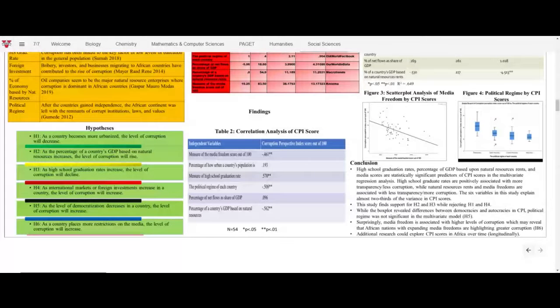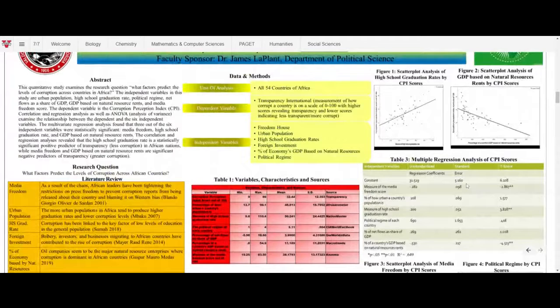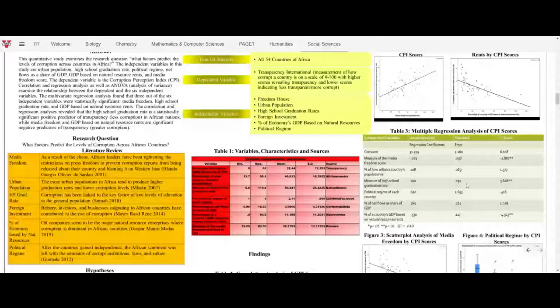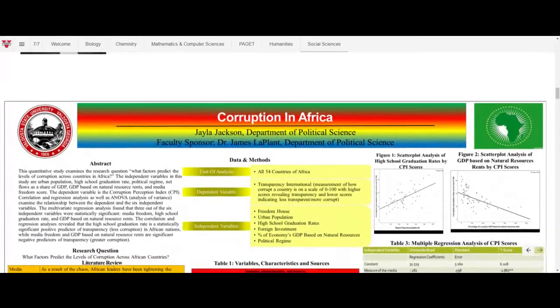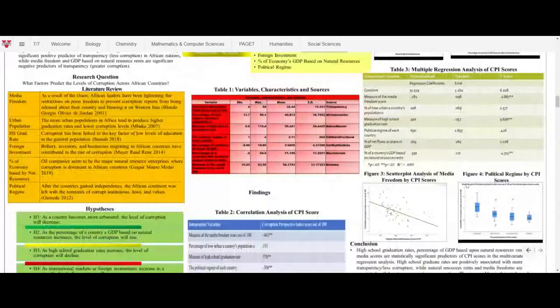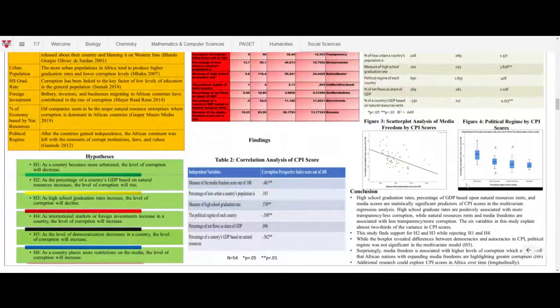The tables identify all of my factors. I know it's kind of small, so you have to go in there and look. But I failed to reject three of my hypotheses, I accepted three of my hypotheses, and I rejected the last three of my hypotheses. I do want to note that I have put a box plot of the political regime on there.